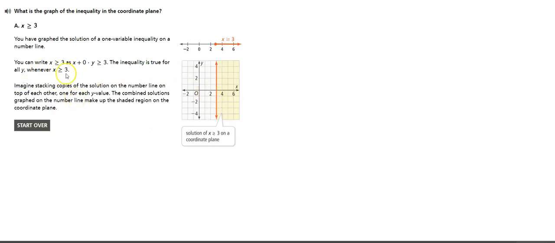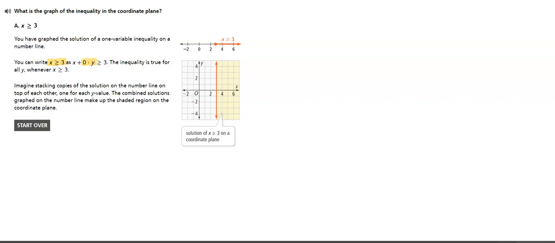So what they're saying is this, let me show you here, this inequality is basically the same thing as graphing a line on a coordinate plane, because we basically have no y value, okay? There's also no y-intercept.